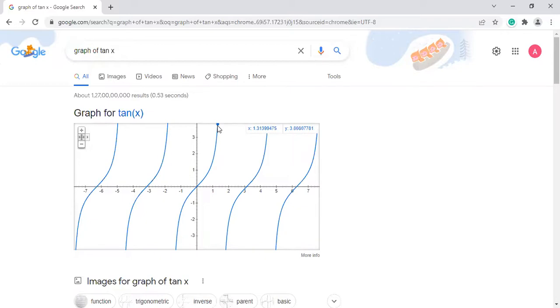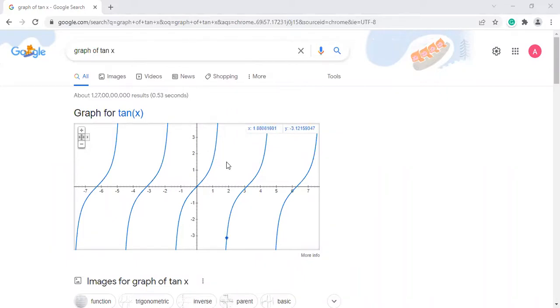This is not a finite number. For the function to be piecewise continuous, at the endpoint of each subinterval, the value of the function should be finite. But here, at the end of this subinterval, the value goes to infinity. So the second condition is not satisfied. That means the graph of tan x is not a piecewise continuous function.